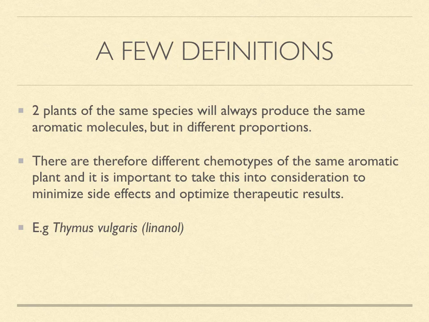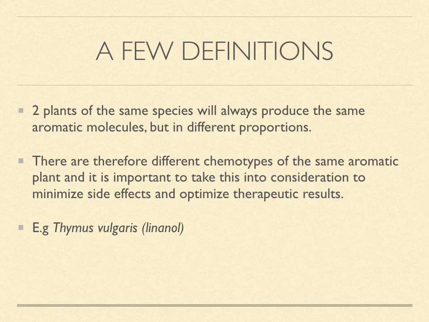A few more definitions. Basically, two plants of the same species, because of their DNA makeup, will always produce the same types of aromatic molecules, but in different proportions. For this reason, we say that there are different chemotypes of the same aromatic plant.